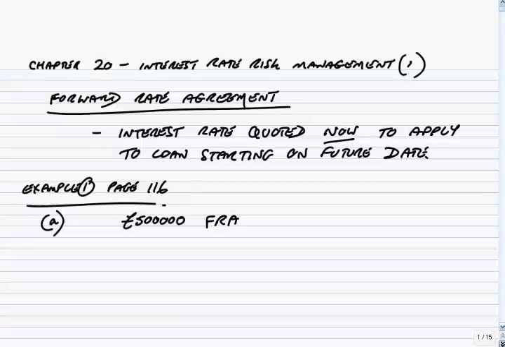And they'll need to know when the loan's going to start. Well, today is the 1st of June. We want it to start on the 1st of September. How many months from now is it? June, July, August. It's in 3 months. So the way we tell them the start date and how long it's for, we say we want an FRA 3. That's the start month.